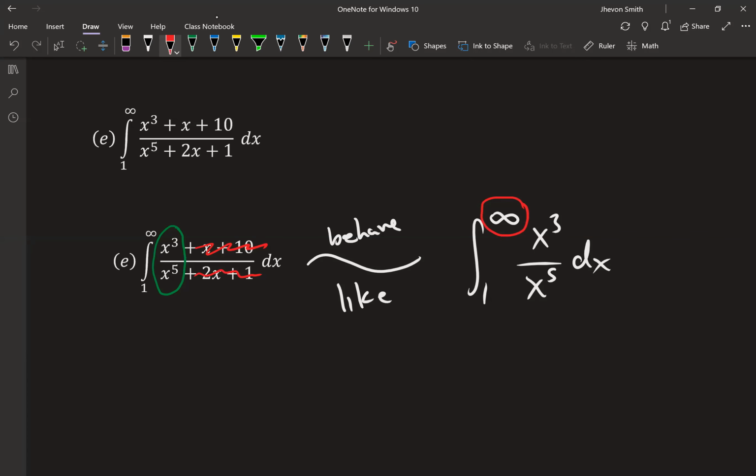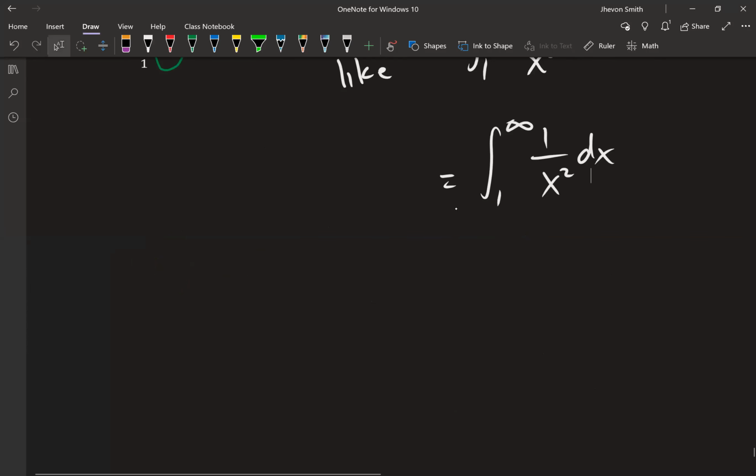I know that once x gets really huge, bigger than a billion, bigger than a bajillion, bigger than whatever, I can choose to only focus on the highest power. This is another lesson that we learned from limits in Calc 1 that we can use to our advantage. Here, notice that this guy behaves like that, which converges by theorem. Now here's the thing though.